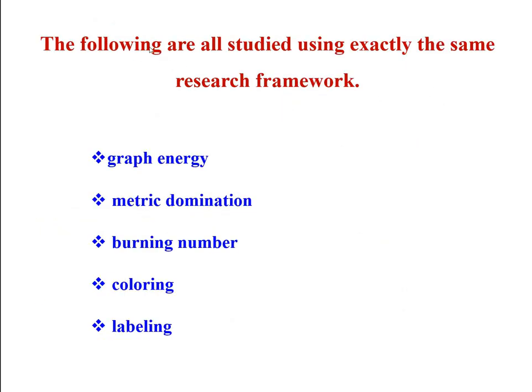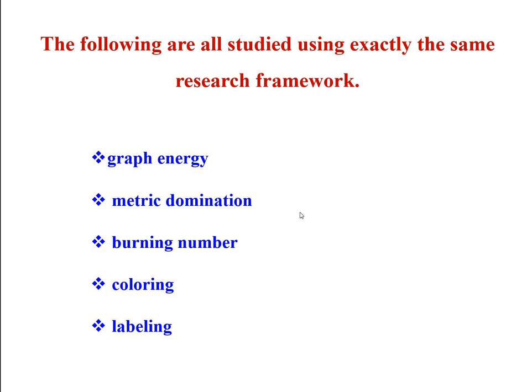Now the following are all studied using exactly the same research framework: graph energy. Once you have the graph, you can get the matrices corresponding to the graph, and then once you have the matrices, you can talk about the eigenvalues of the matrices, and the energy is based on the eigenvalues.